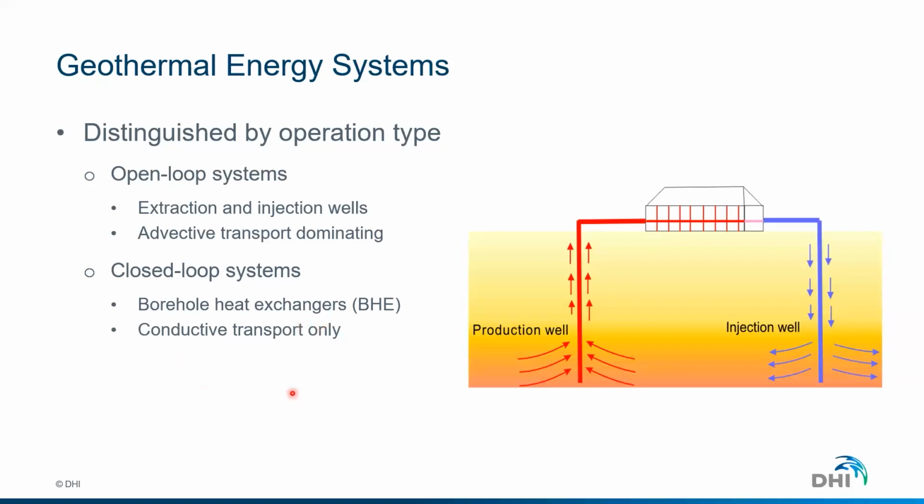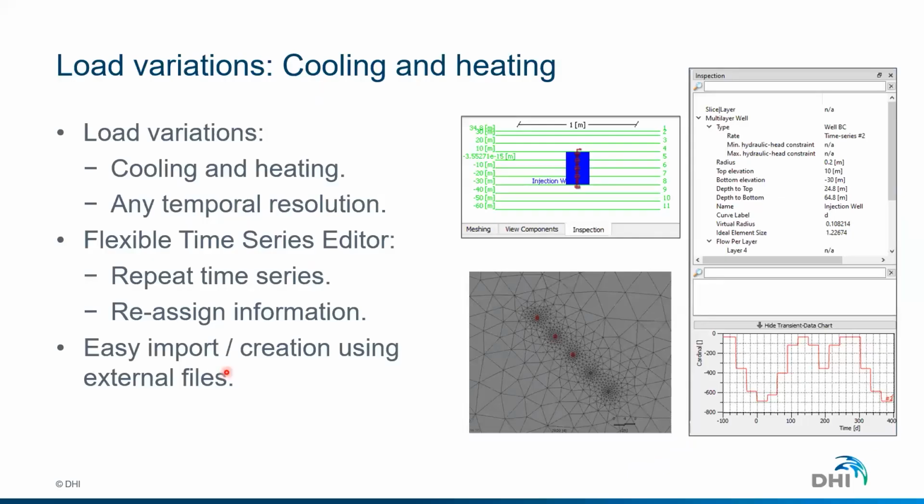In this second case, there will not be advective transport, so there will be no contact with the groundwater flow. If it's shallow geothermal, it will basically be conductive transport happening in the system. So how can you use FEFLOW for these different applications?